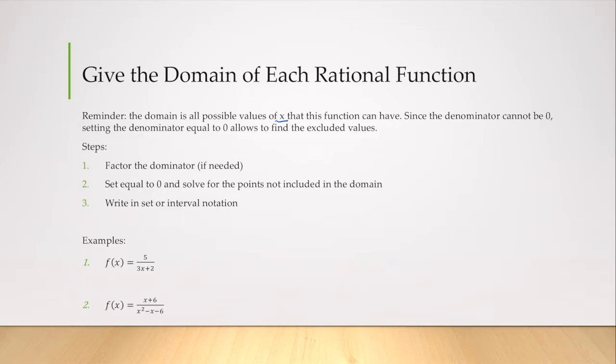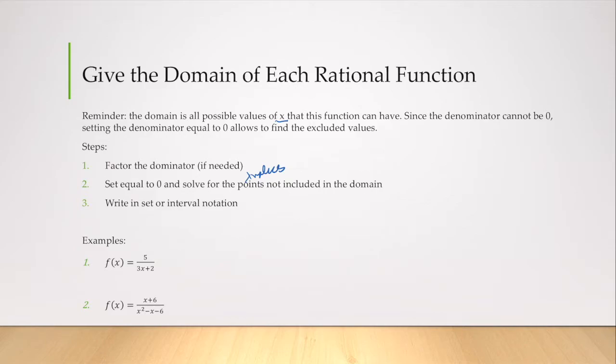So our first step is going to be to factor the denominator, right, using all of our factoring skills we learned in Chapter 5. Then we're going to set it equal to 0 and solve for the points, i.e. the x values, not included in our domain. Then we want to write that in set or interval notation.